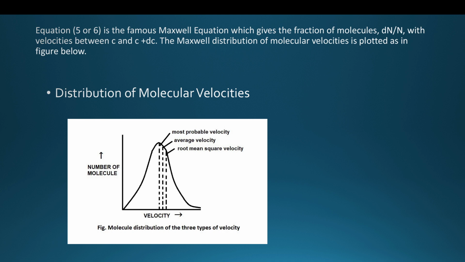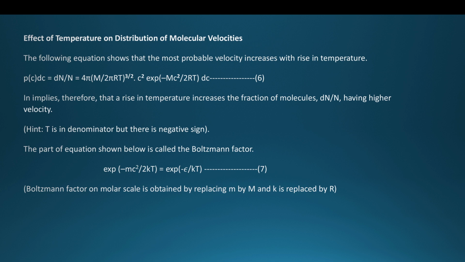Distribution of molecular velocities has been shown in this diagram clearly: most probable velocity, average velocity, root mean square velocity. Effect of temperature on distribution of molecular velocities: if we look at equation number 5 or 6, both equations are similar. What we find is that temperature T is in the denominator, but there is a negative sign.